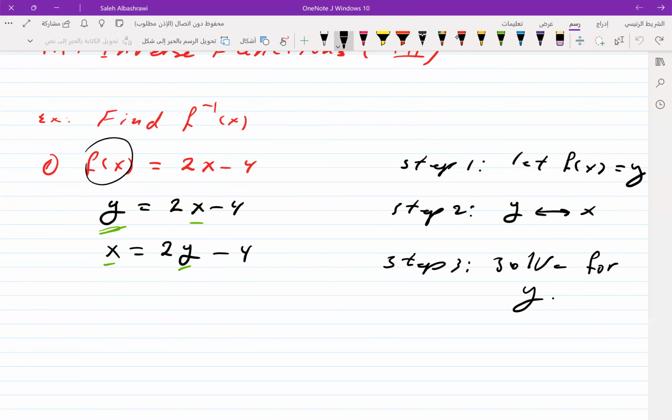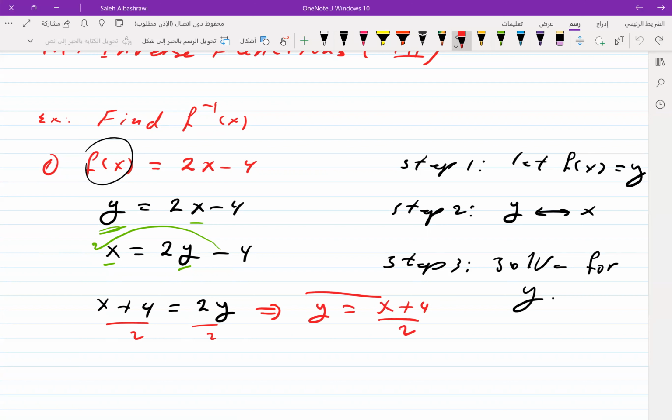Move this minus 4 to the other side, or add plus 4 to both sides. I will have x plus 4 equal to 2y. Now if we divide by 2, y equal to x plus 4 divided by 2.